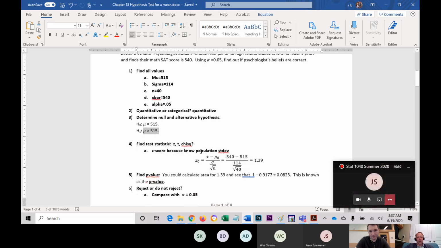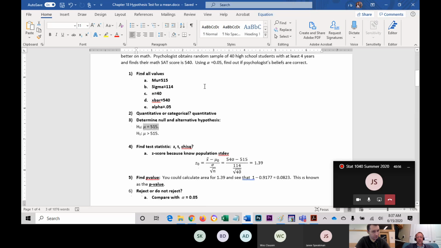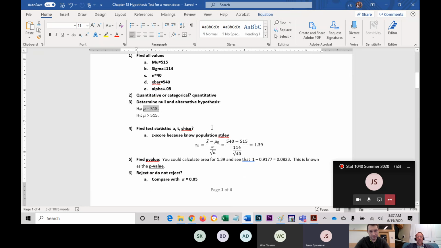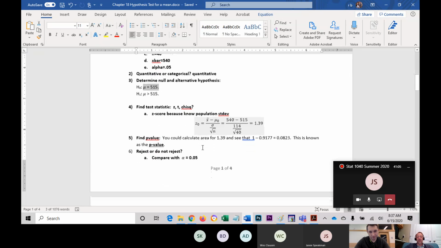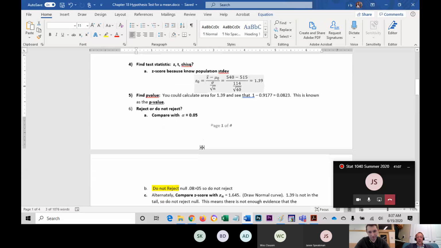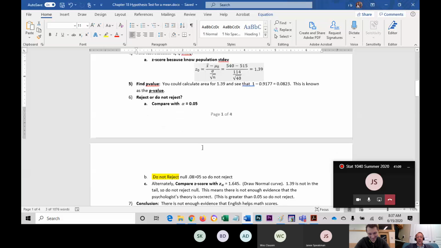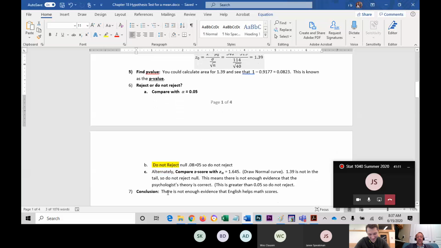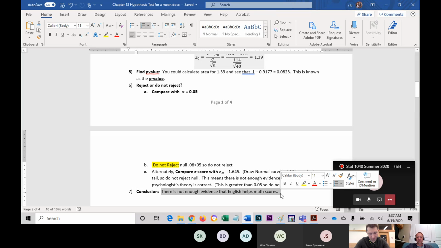So we did not reject the null. So does 4 years of English help? No, I guess. Yeah, no is a little bit strong, but it's along the right track. So we would say there is not enough evidence that English helps with your math scores. Does that make sense? So you did good on that one, Janie.